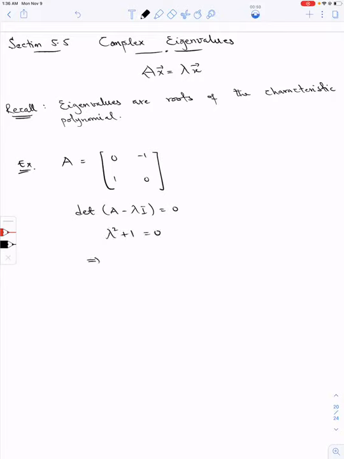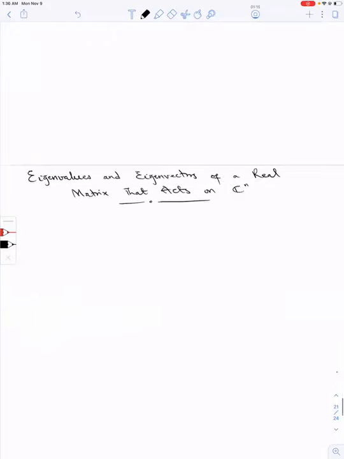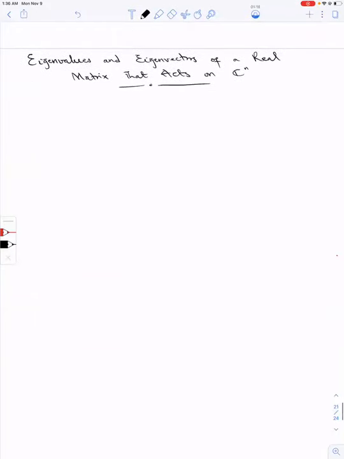Now, the solutions of this are lambda equals i and negative i. Now, in cases like this, we say that A has complex eigenvalues.